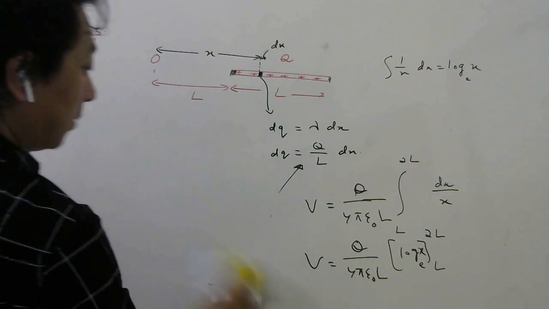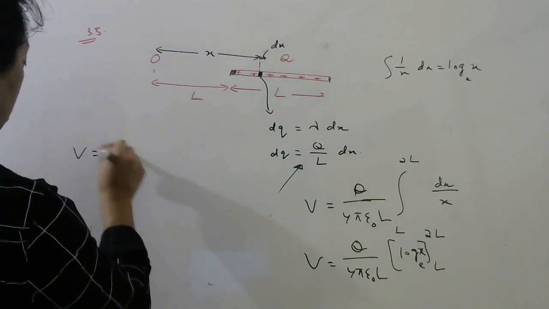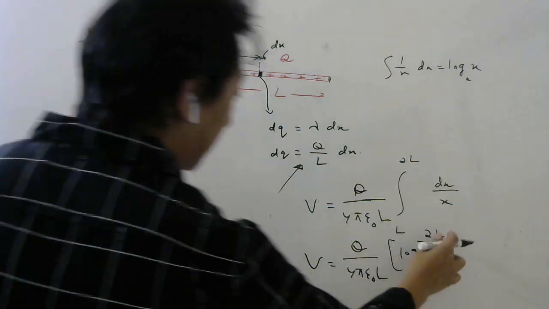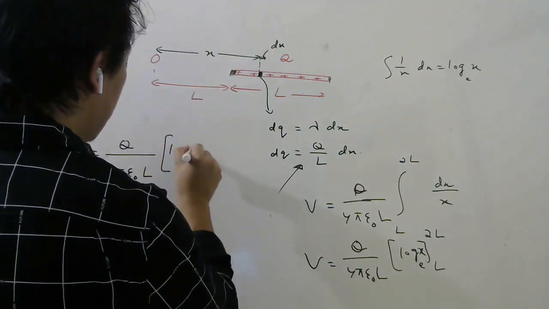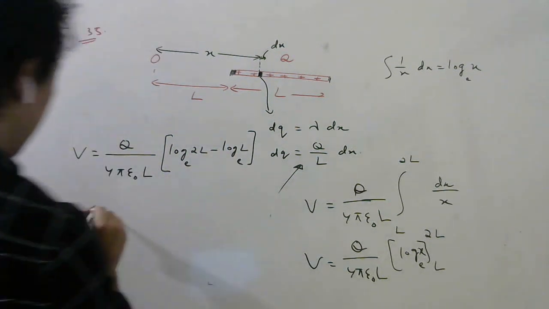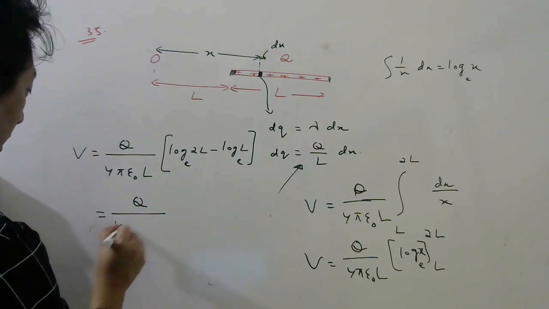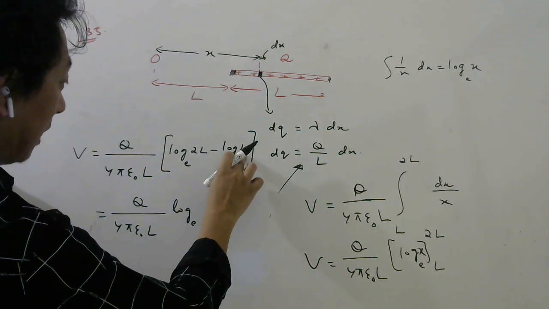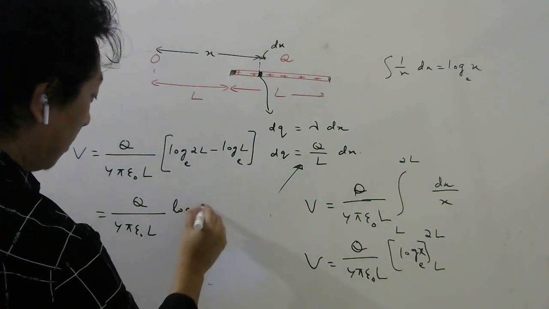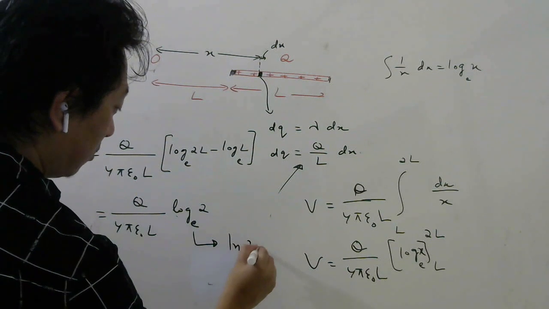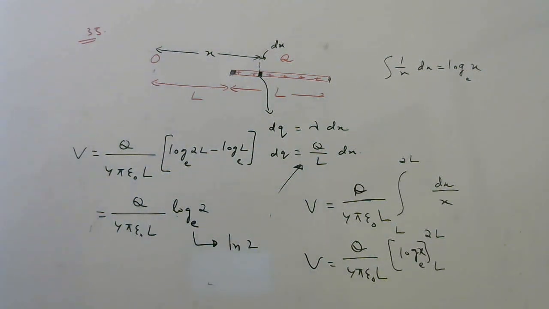So if you put the upper limit in place of the variable, the potential will be Q by 4 pi epsilon naught L times log of 2L minus log of L, base e. Then you know another formula, log A minus log B is log A divided by B. So log 2L divided by L will be log 2. In some books they write log 2 base e as ln 2.